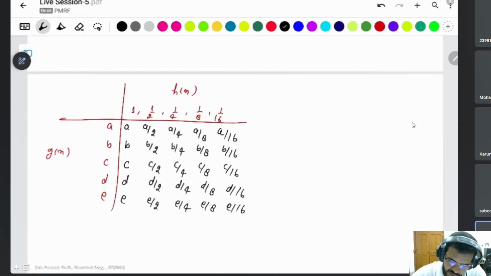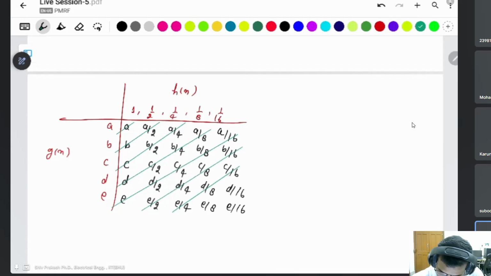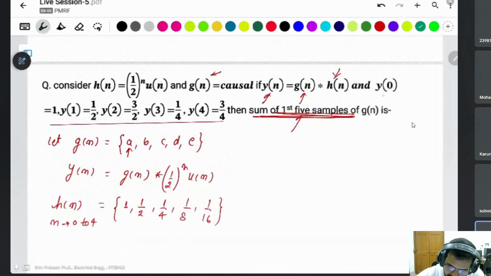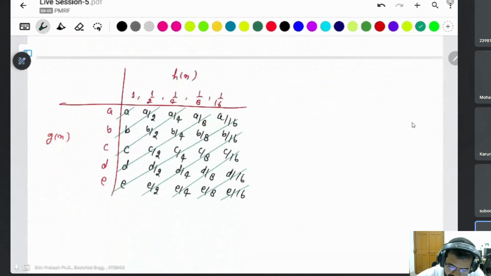Same process we have to do for this one, like that. The 5 samples are given for the y1, this one, y0 to y4.